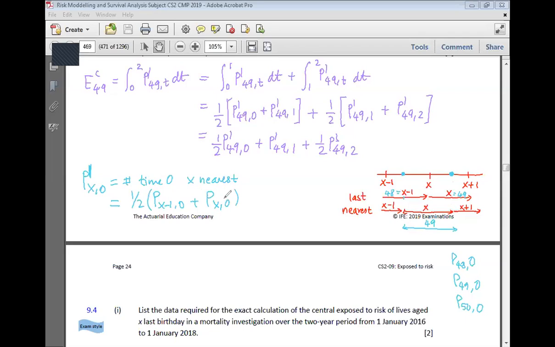So now if I have to figure out my value for this, I can rewrite this particular thing as a half of P48,0 plus P49,0.